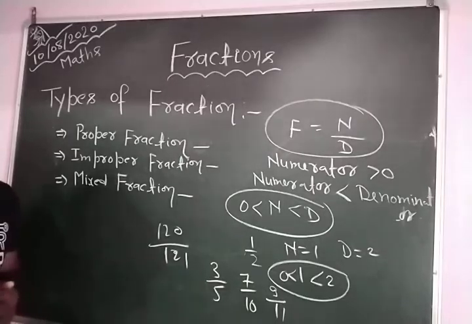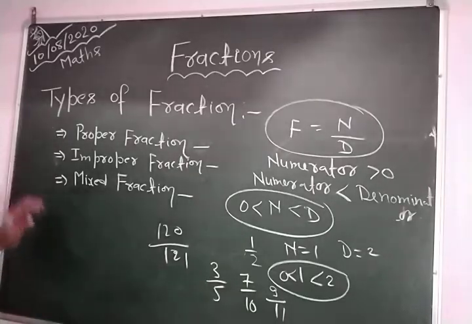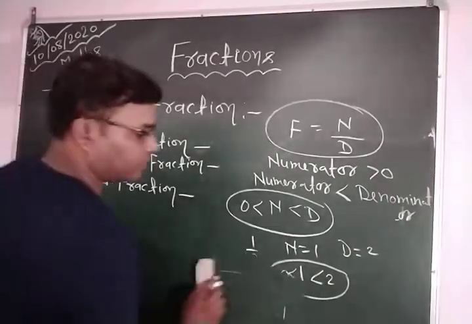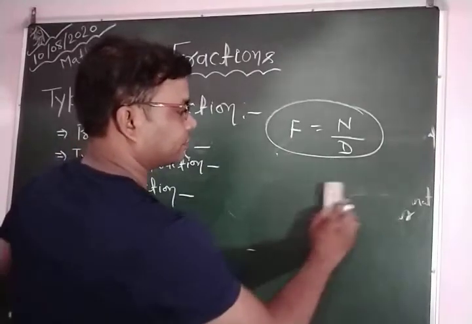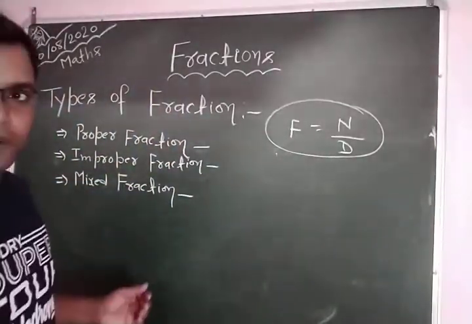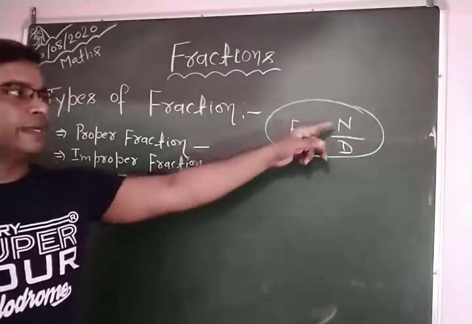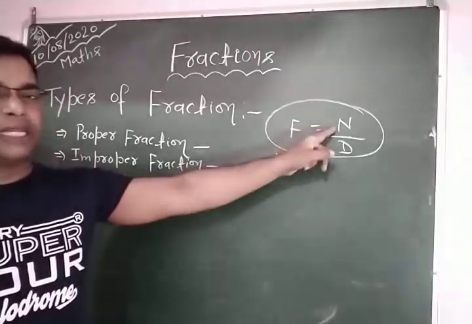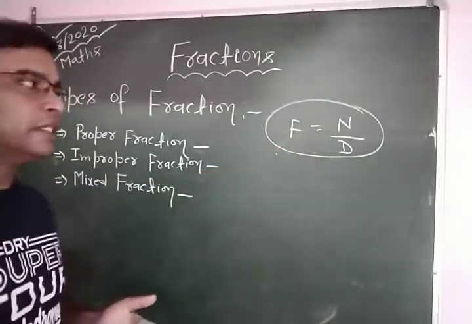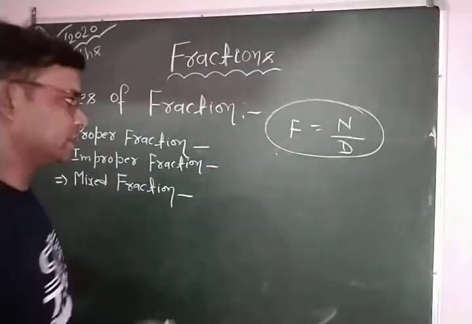What are improper fractions? Fractions whose numerator is equal to or greater than its denominator. Fractions whose numerator is equal to or greater than its denominator are called improper fractions.